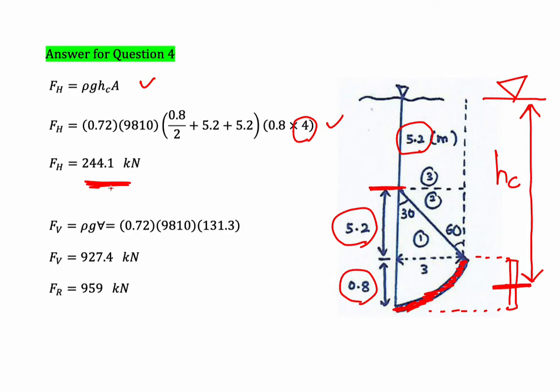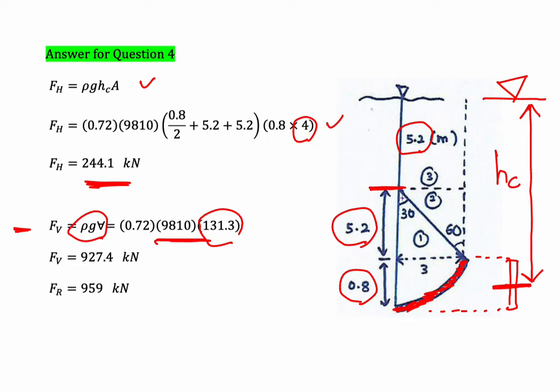Then we could calculate the vertical force here, using the equation rho g volume. This is the volume here, and 131.3 is the volume of this area.